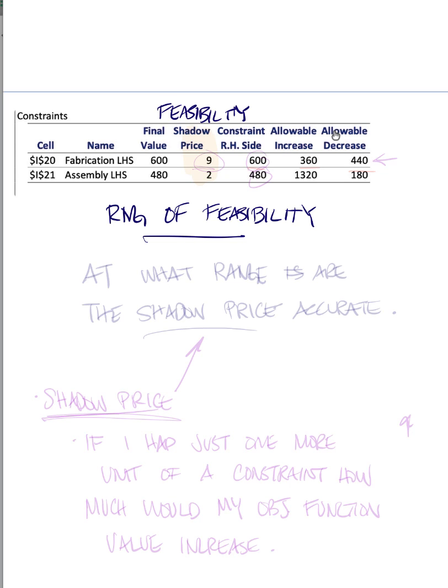And this range of feasibility answers the question of at what range are the shadow prices accurate? Okay, so first let's talk about the shadow price. Shadow price, let's see, it's provided to you right there.